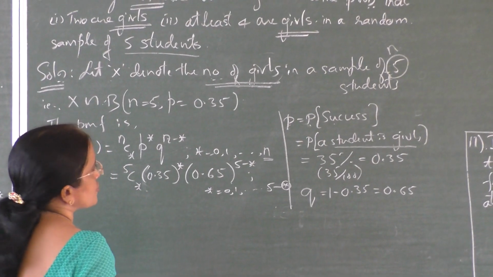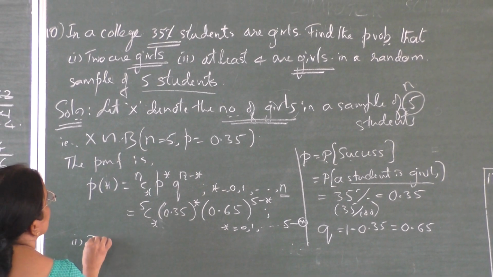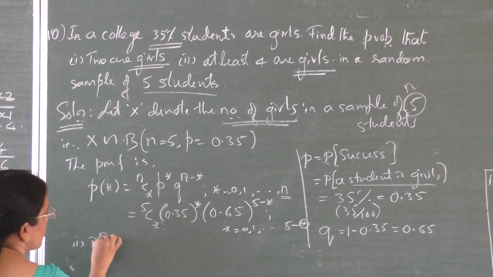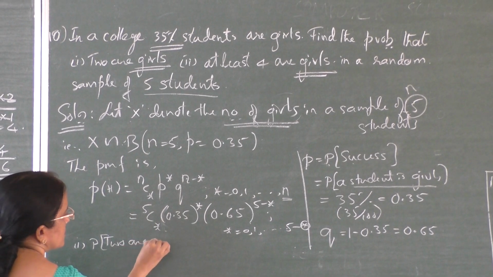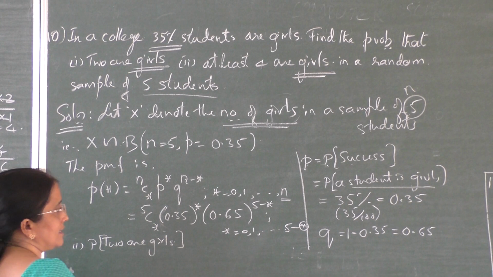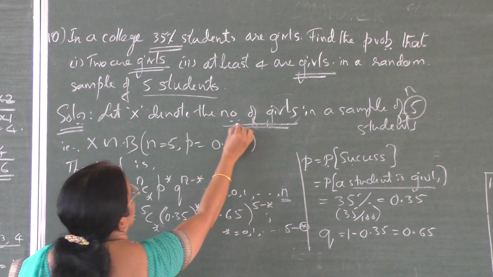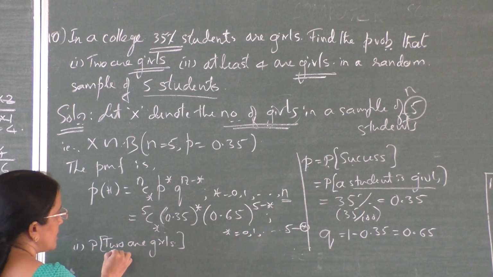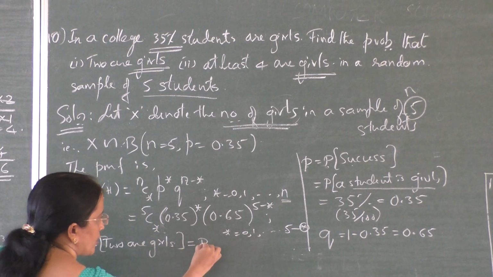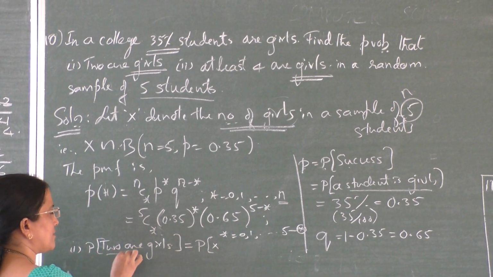Now first question. Probability of 2 girls. Now, how many girls? X denotes the number of girls. So here, this is equal to the probability of X, the number of girls. How many girls? It is given 2 girls.